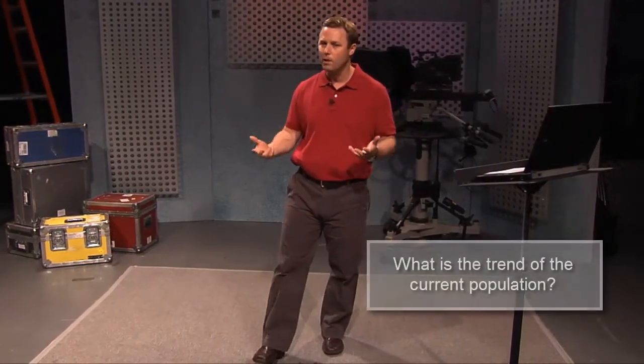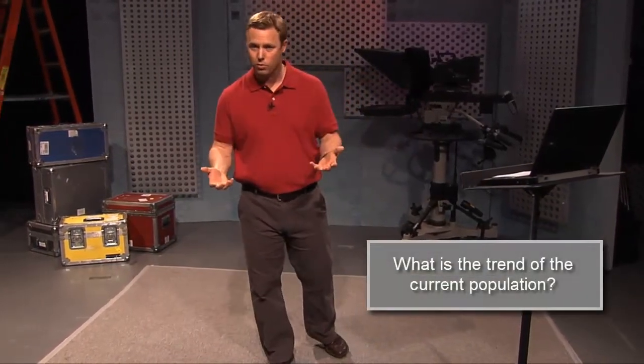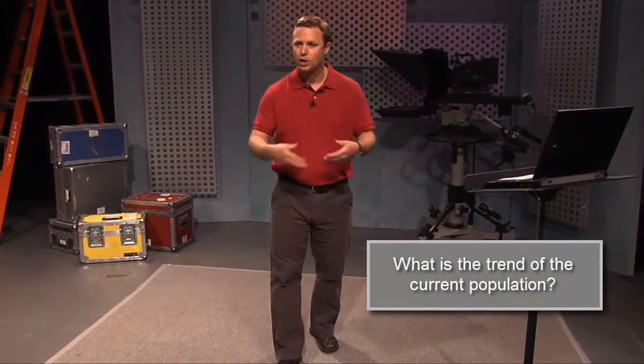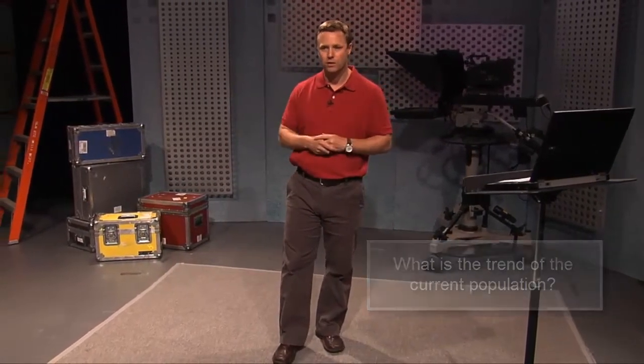We also need to know something about population trend. We need to know something about population growth, how that population is changing, let's say, from one year to the next. Population growth obviously can be positive, but in some cases it can also be negative, and we find in some circumstances population growth can be neutral.